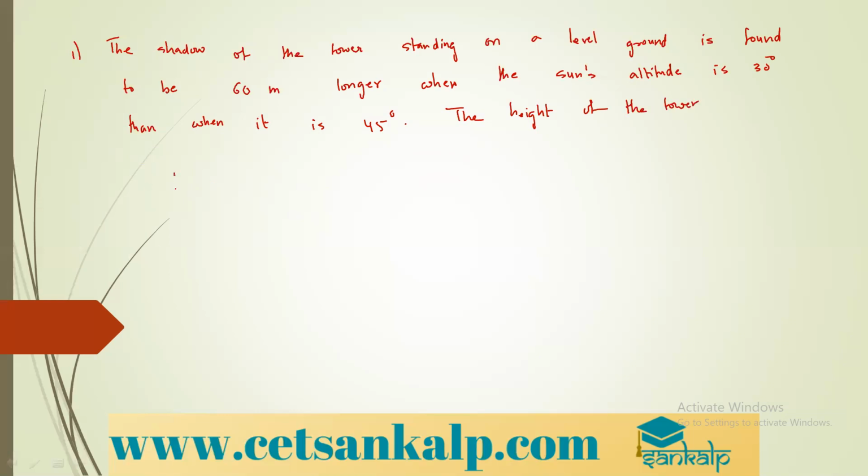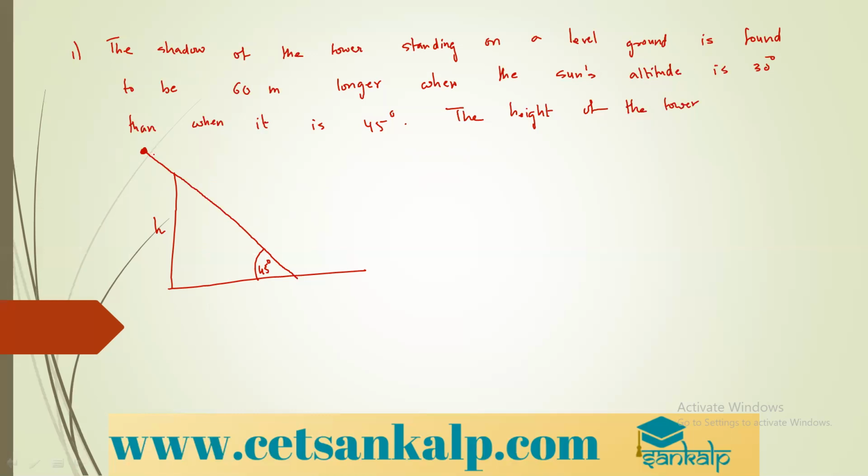So imagine this is the tower which is standing on a level ground. We don't know height of the tower, we will take h. Now suppose the sun is here. At this altitude, that means when it is 45 degrees, the angle of elevation of the sun is 45 degrees here.